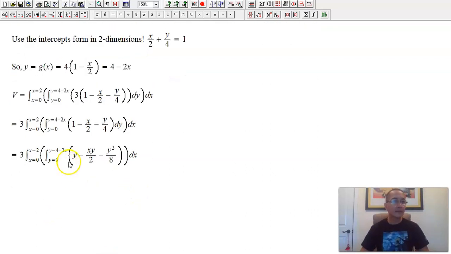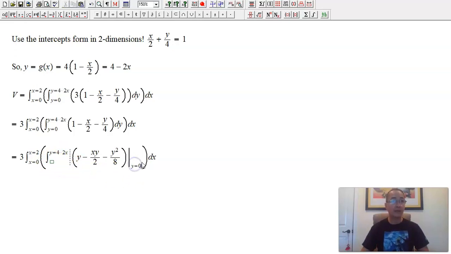So for that, I need this, and I will paste this thing inside. There we go. That's my evaluate symbol. So we are going from y equals 0. This goes now over here, and we're going up to y equals 4 minus 2x, that whole thing.